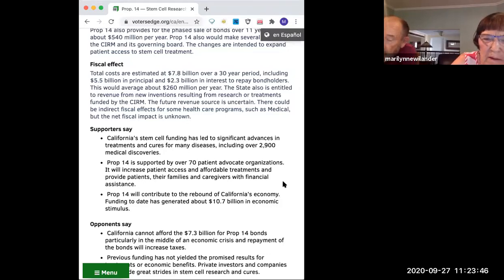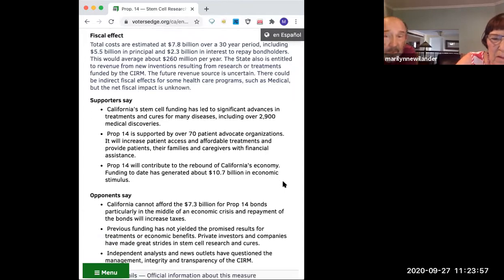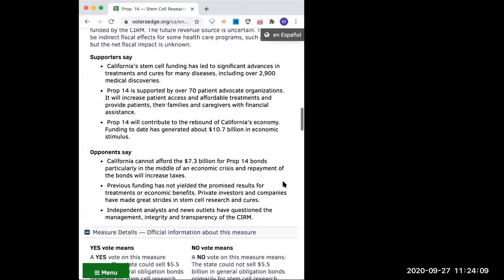And it will increase patient access and affordable treatment and provide patients, their families, and caregivers with financial assistance. And Proposition 14 will continue the benefit to California's economy. The $3 billion funding to date has generated $10.7 billion in economic stimulus.